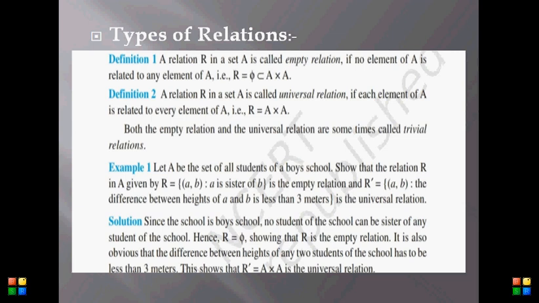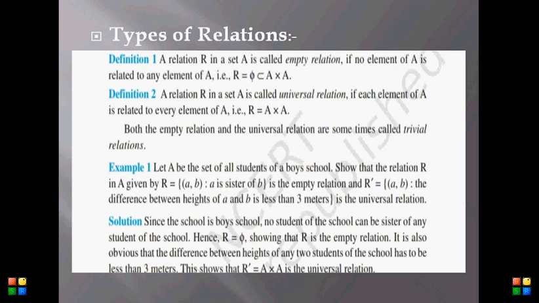Then through an example, let A be the set of all students of a boys school. Show that the relation R in A given by R equals (a, b) such that a is a sister of b is the empty relation, and R dash equals (a, b) such that the difference between the heights of a and b is less than 3 meters is the universal relation. For this example, the school is a boys school.